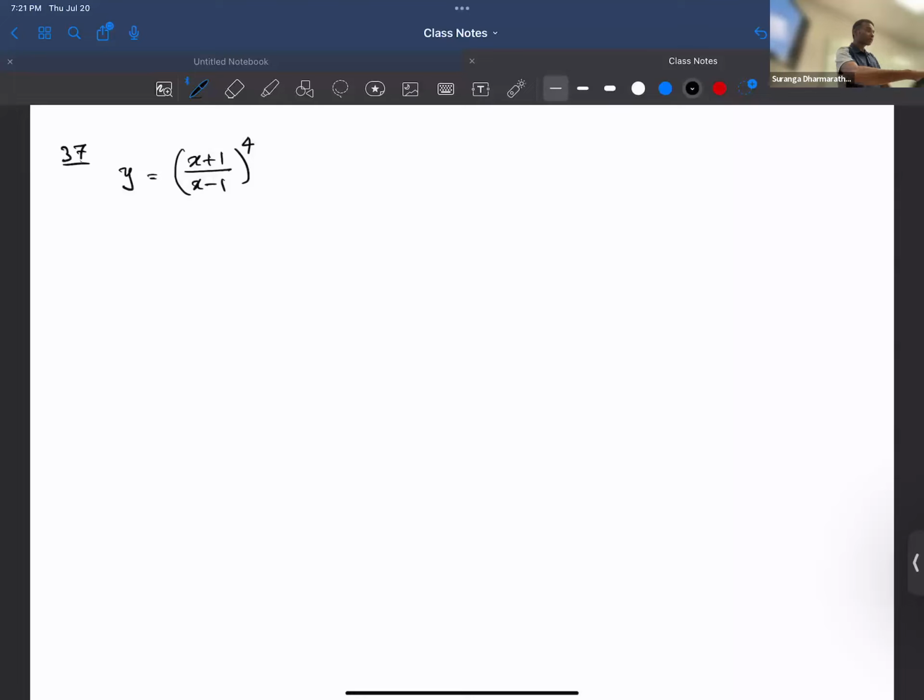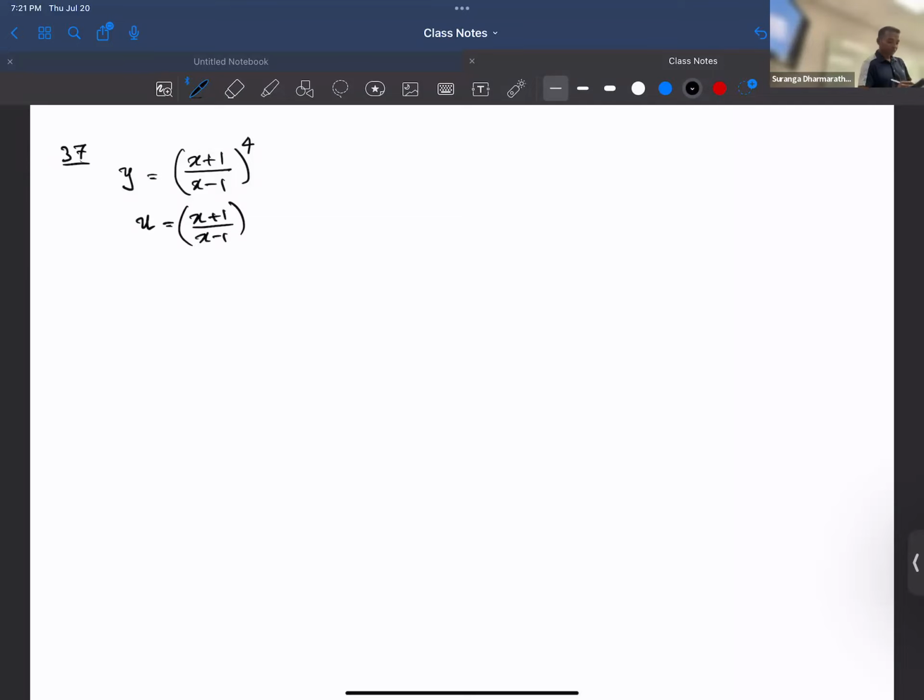So obviously we want to use the chain rule, right? So what do you define as your u? Or you can define that as g of x. Same thing. I use u equal to, what did you use as u? Good. So you can take x plus 1 over x minus 1. That will provide us an opportunity to use d over dx of x to the power n.